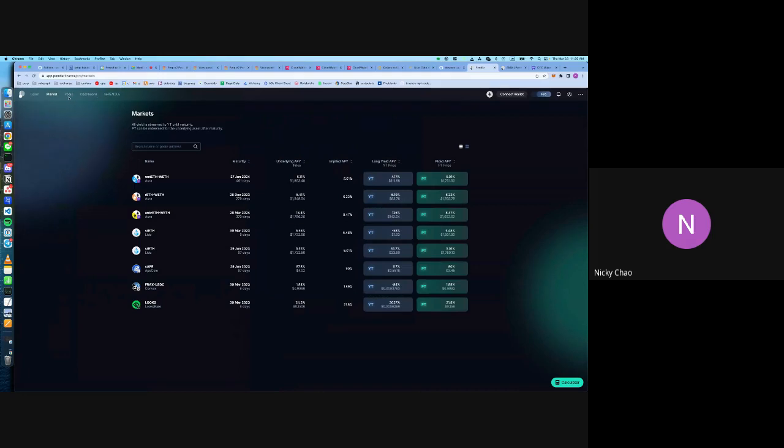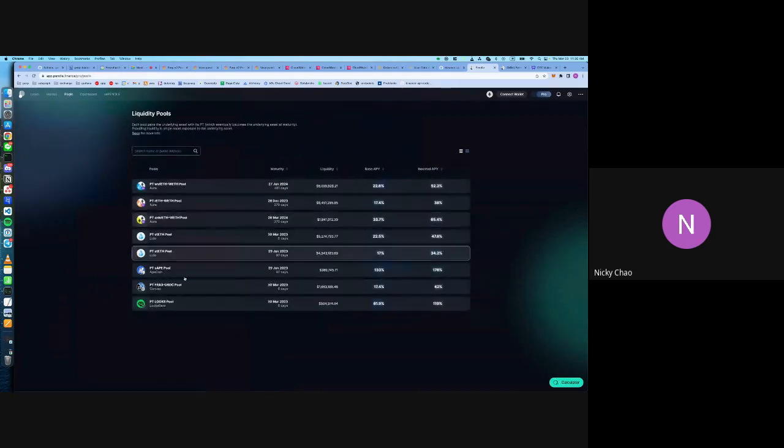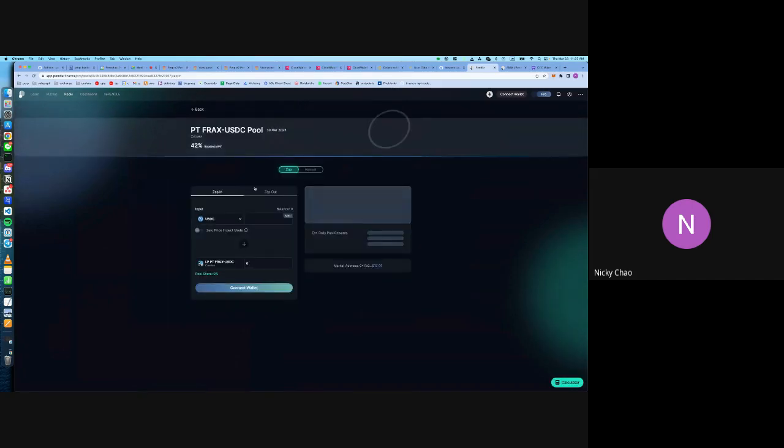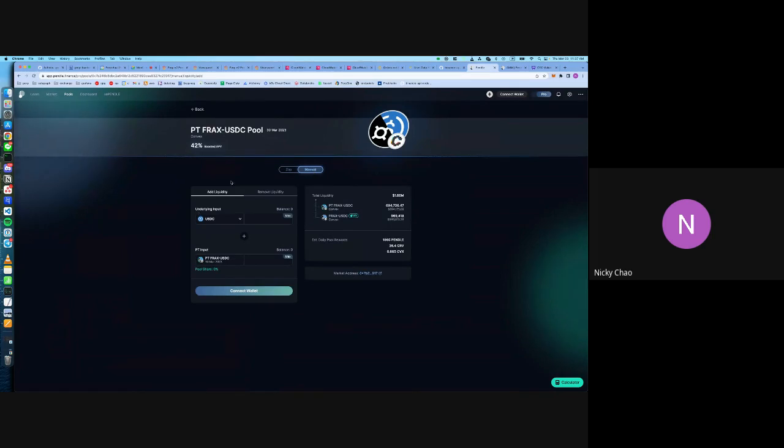So for example, if you go to the pools right here, and I'll just click. There's actually a manual UI here. This is basically similar to any AMM. To provide liquidity, you need to have some underlying inputs. For example, for the USDC pool, the underlying asset, or the SY token, is actually USDC.